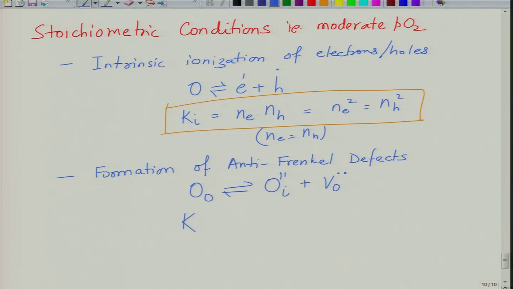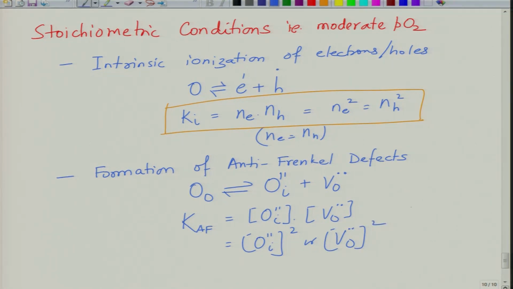So, I can write this K anti-Frenkel as OI into VO, and this is equal to OI square or VO square, because VO is equal to OI because of electrical neutrality. So, this is another reaction. I can write this as KAF.